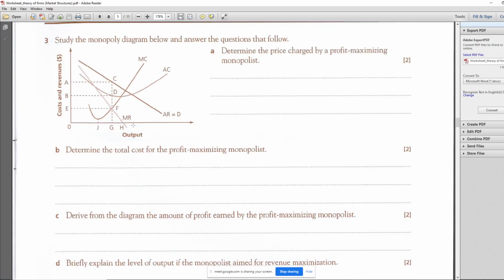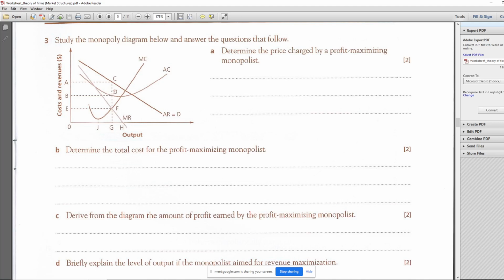What about B? Determine the total cost if you are using profit maximization. So which area is the total cost? 0BDG. Yeah, that's correct, because when you are at your profit maximization output, your average cost is going to be at D. And once again, that is your average total cost.